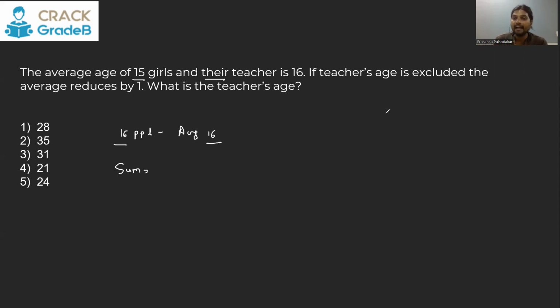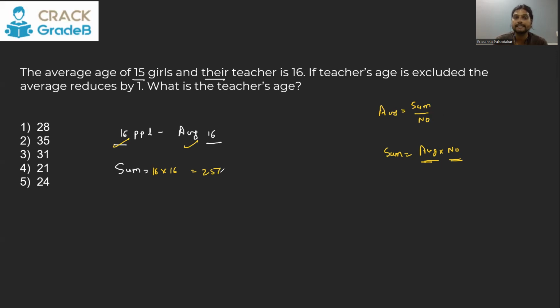We know average is the sum of the observations upon the number of observations, so sum is going to be average into number of observations. So sum is going to be 16 into 16, that is average into number of people.